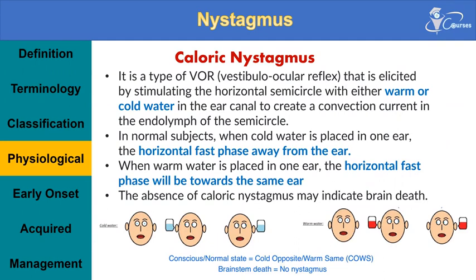It will still be there, so it will be present. The only condition in which the caloric nystagmus disappears is brainstem death. So if there is a brainstem death, there is no nystagmus.